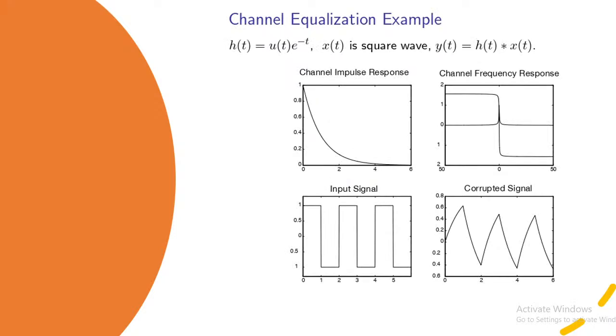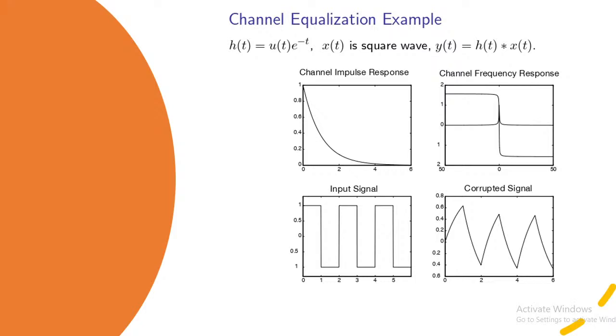This shows you a channel equalization example. The impulse response h(t) is equal to u(t) times exponential of minus t. This example we have been seeing from the very beginning. You know what u(t) is, the unit step function, and then e to the power minus t.